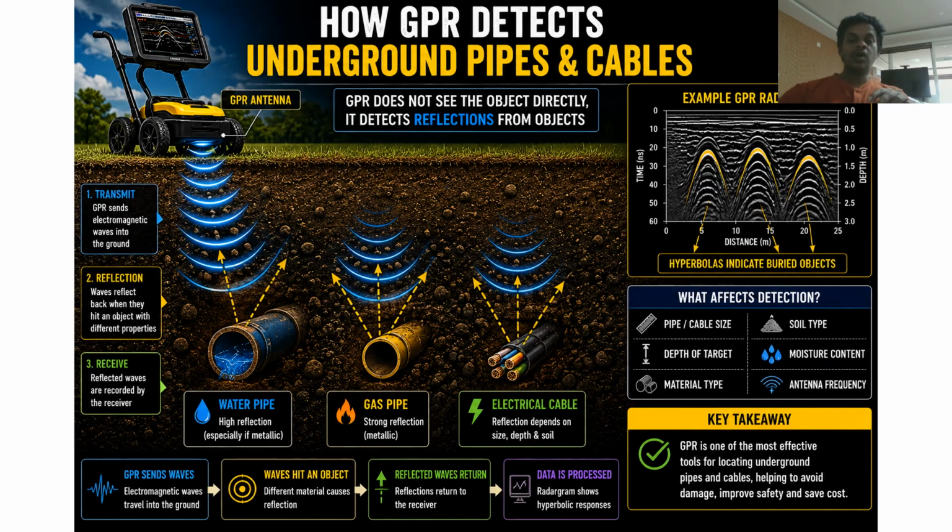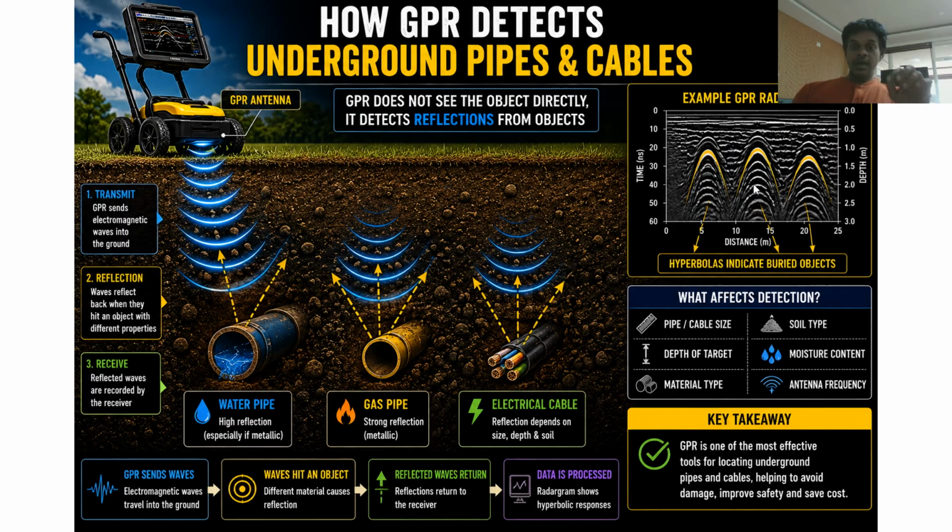Now, let us talk about the cables. Underground cables also create a contrast with the surrounding soil. As a result, they can often be detected using GPR. But there is something very interesting here. GPR does not show the pipe as a perfect circle. Instead, buried pipes usually appear as a curved shape called a hyperbola, just like here, hyperbolas.